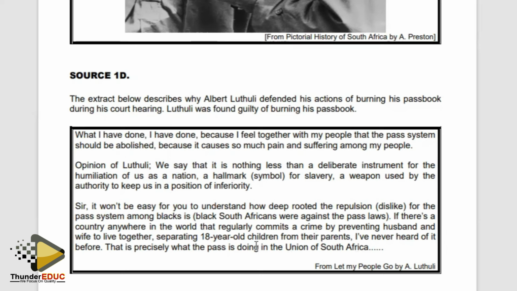Black South Africans were against the pass laws. If there is a country anywhere in the world that regularly commits a crime by preventing husbands and wives from living together, separating 18-year-old children from their parents, I've never heard of it before. That is precisely what the pass law is doing to the Union of South Africa.